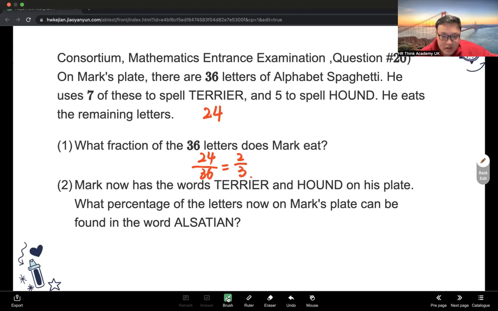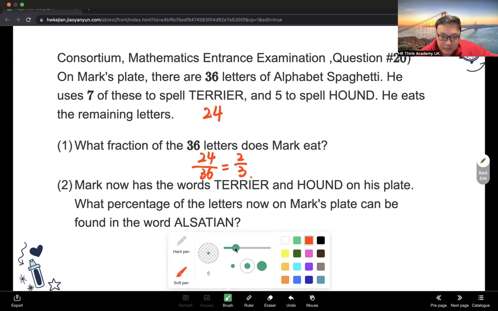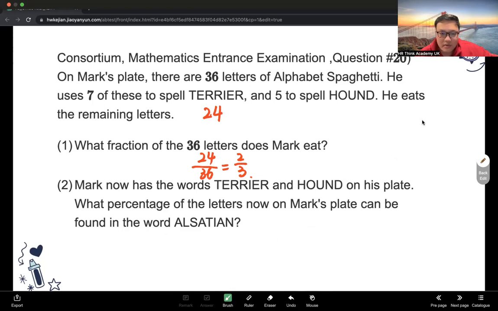All right, so second one. For the second question, it says Mark now has the words terrier and hound on his plate. What percentage of the letters now on Mark's plate can be found in this word?